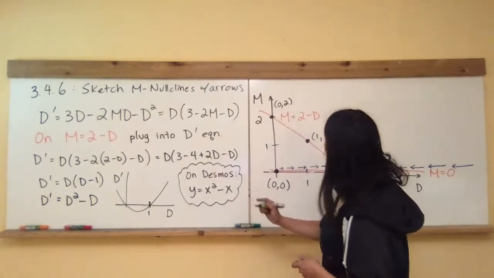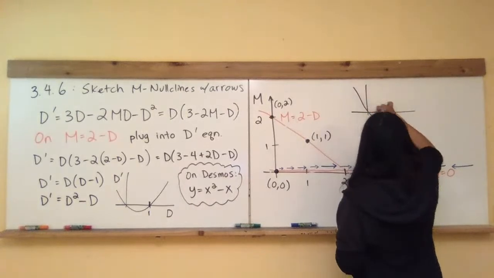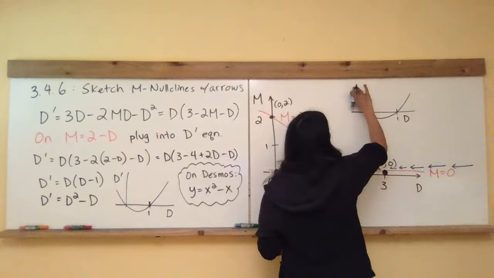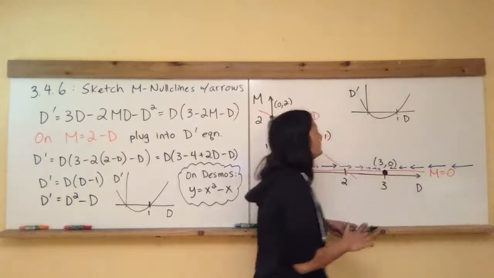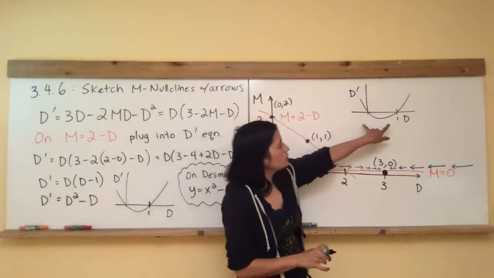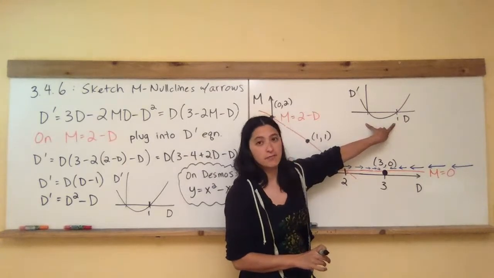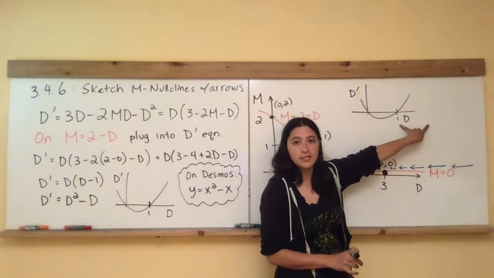Okay, so if you do type it in that way, let me just copy it over here to remind us of the conclusions we'll draw. Here's 1, here's d prime. Okay, so the conclusion that we're going to draw from this is that between 0 and 1, d prime is negative. And from 1 onward towards infinity, d prime is positive.